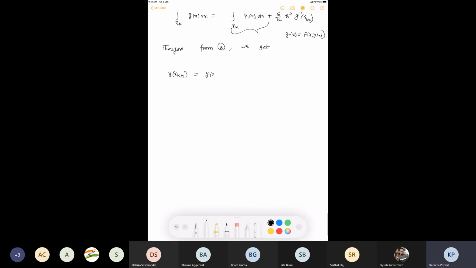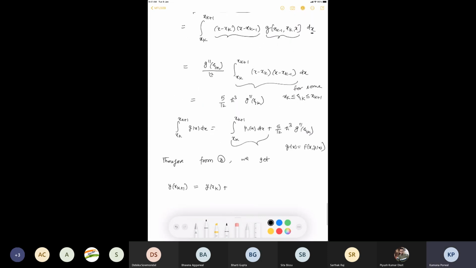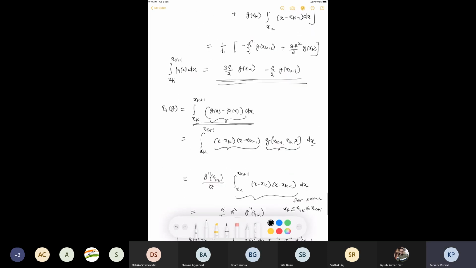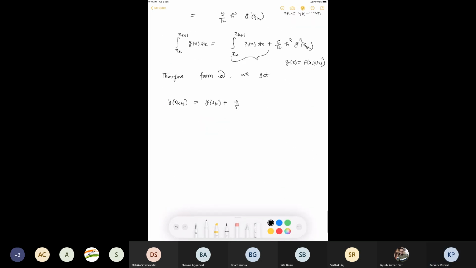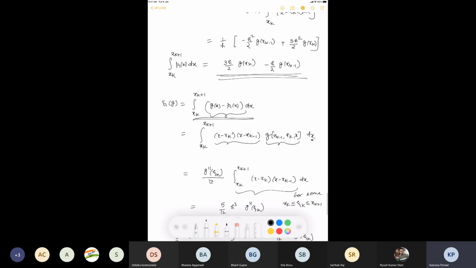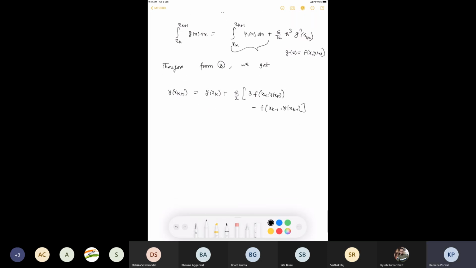Let's write down the value of this integral: h by 2, 3 times g at xk, which is nothing but f of xk, y at xk, minus, with h taken out, f at xk minus 1, y at xk minus 1, plus 5 by 12 h cube.